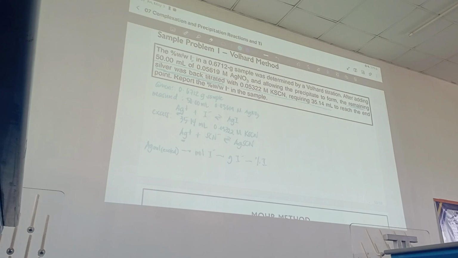Nagikan ang I. Okay, at given ang sample. Ano ba ang tanong? Percentage of I. Ang Ag mole na reacted is Ag mole na measured minus Ag mole na excess. Moles niya.